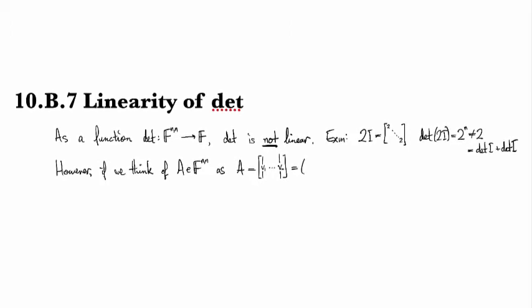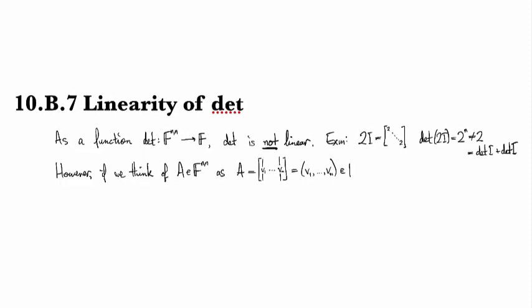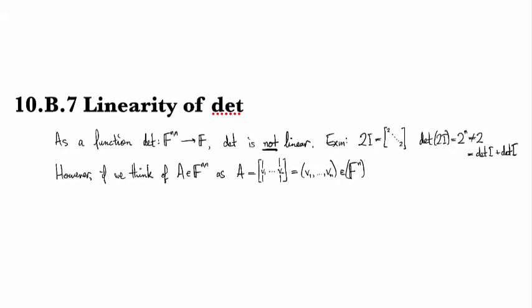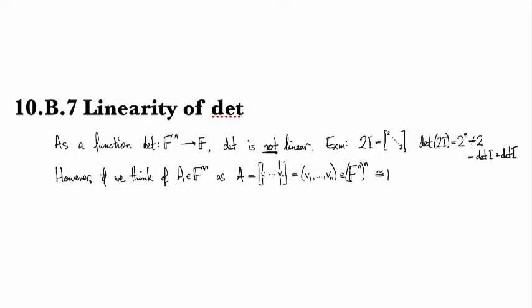In the textbook we'd probably write this as a list of vectors. So we're thinking of it as an n-tuple of vectors, which means that it's in F^n crossed with itself n times, which is naturally isomorphic to F^(n×n).